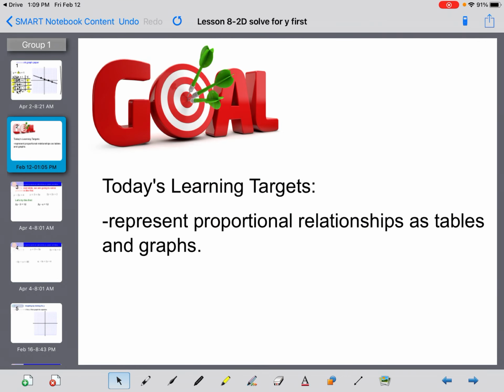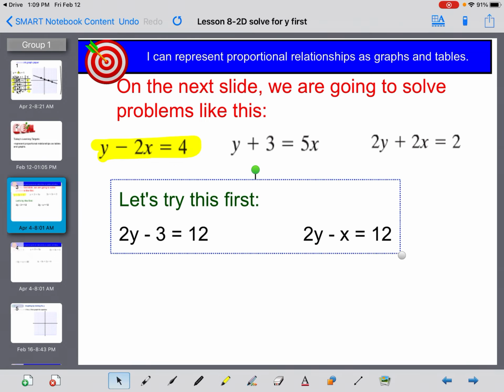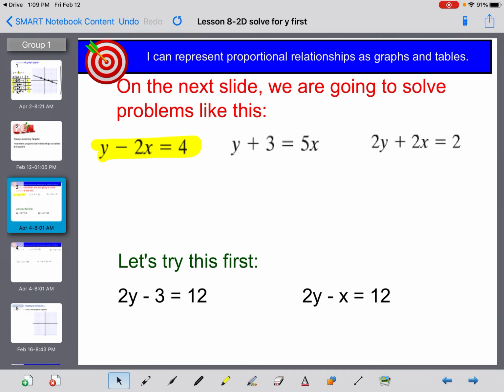So today's learning target is to solve for y first. This time, what if I gave you an equation that looked like this? Do you see that? What I have is my y isn't by itself.